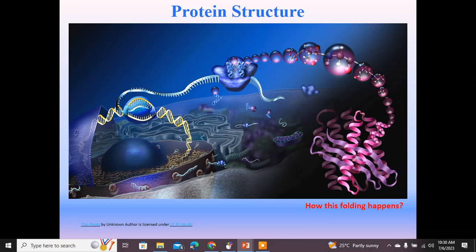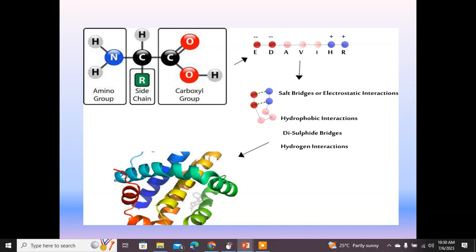So go further. Okay, this is a typical structure of an amino acid. Remember, all the 20 amino acids contain a similar structure except for the side chain, which is denoted as R or alkyl group, whatever you want to say.